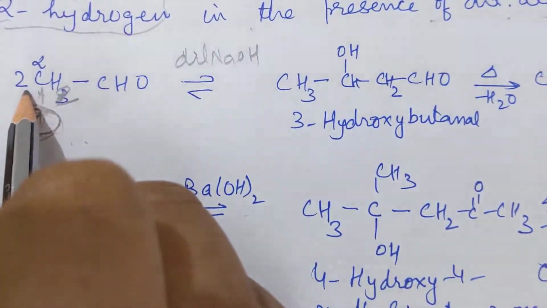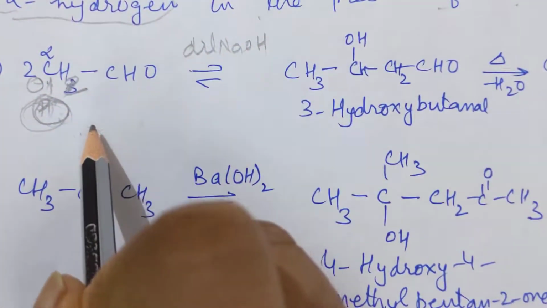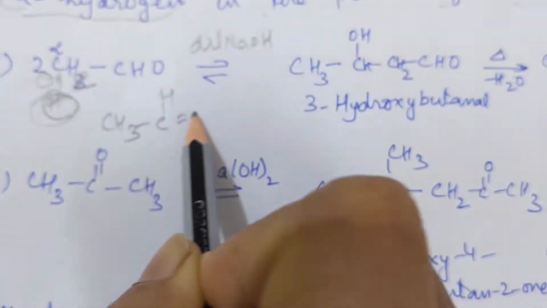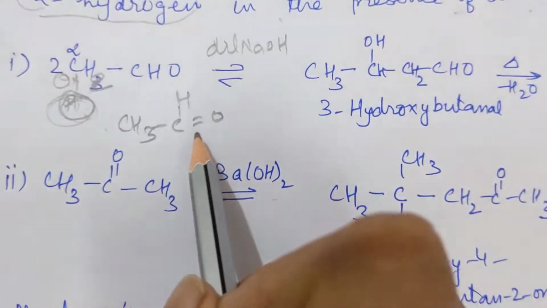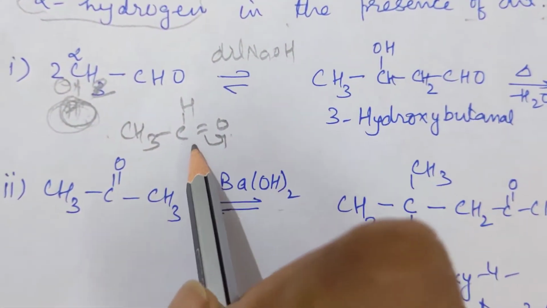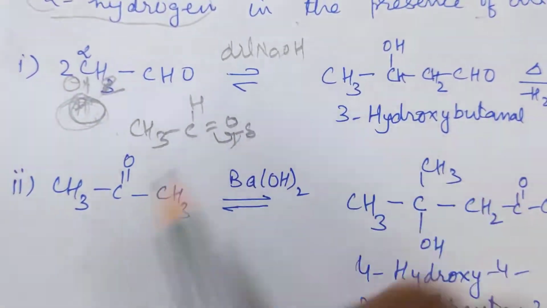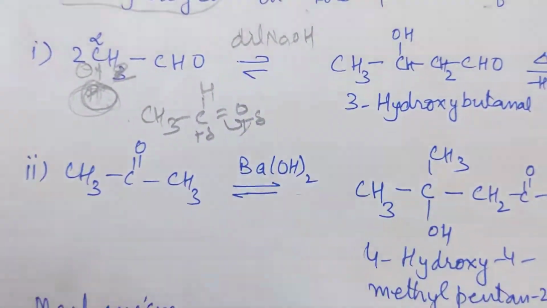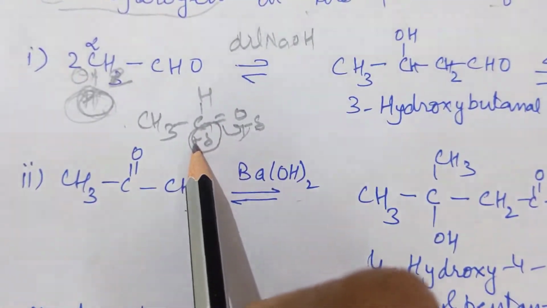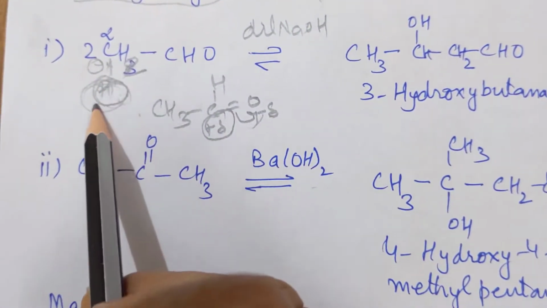Now this carbon will have negative charge, and another molecule of aldehyde. Here oxygen is present, which is electronegative, withdraws electrons, it becomes negatively charged, and this becomes positively charged. So this carbon is now the electrophile and this one is the nucleophile.